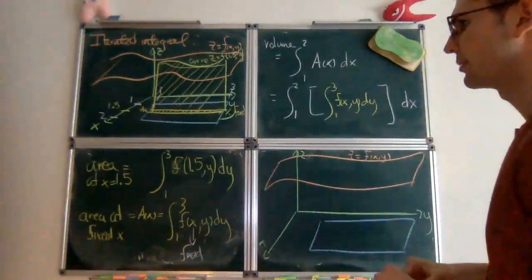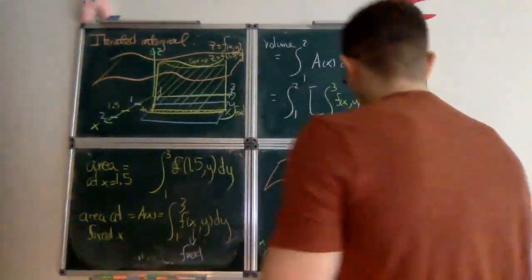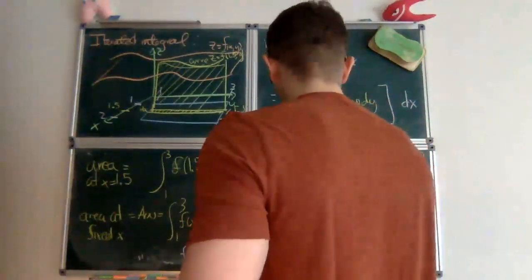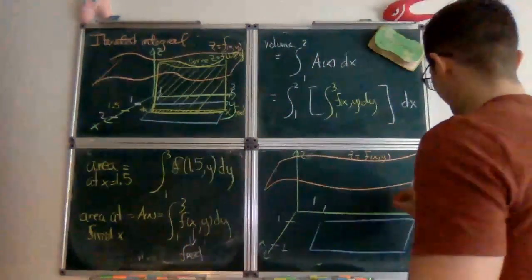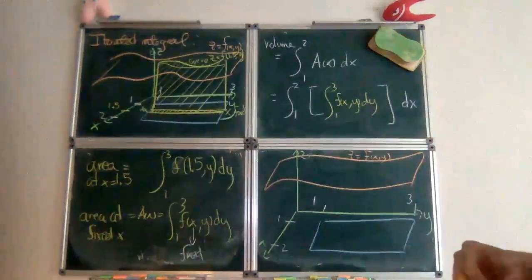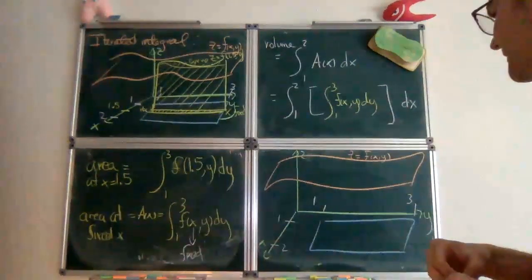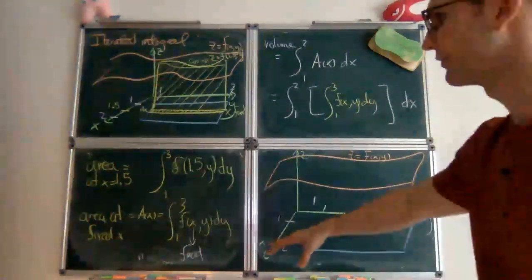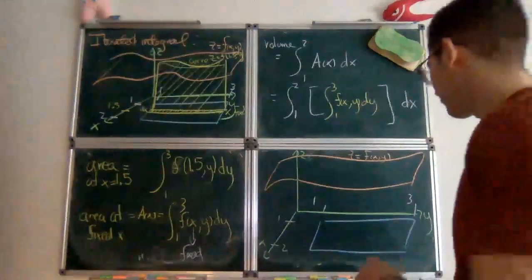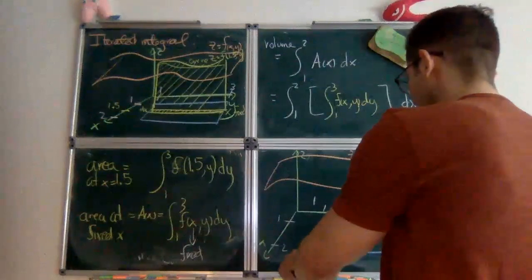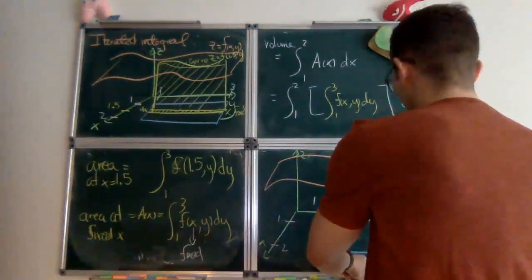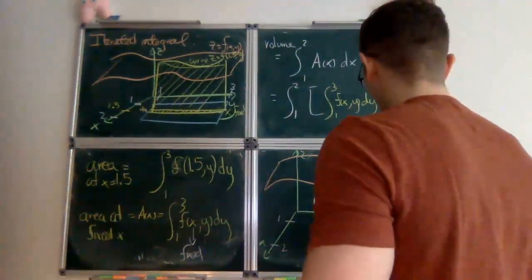So you have the same rectangle as before. Here you have 1, 2. Here you have 1, 3. Okay? And now, rather than fixing a value of x, I'll fix a value of y first. So now I'll fix a value of, say, y equal to 2. So here's 2.